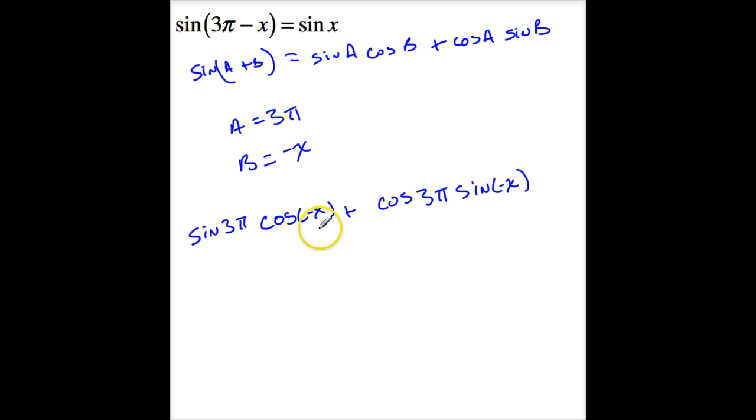Now I kind of already did this one, didn't I? It turns out this doesn't matter because that's 0. So that whole term goes to 0. So cosine of 3 pi is minus 1. Now sine of minus x is minus sine of x. So this becomes sine of x.